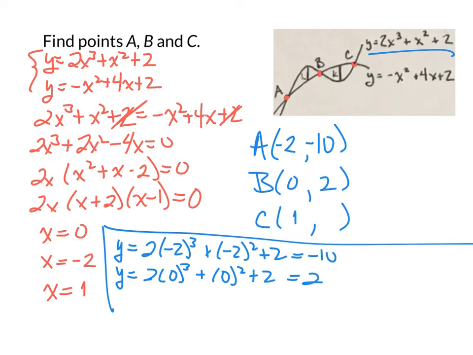That's B's y coordinate. And then for C, do it one more time with 1. So 2 times 1 cubed plus 1 squared plus 2 is 5. So that's C's y coordinate.